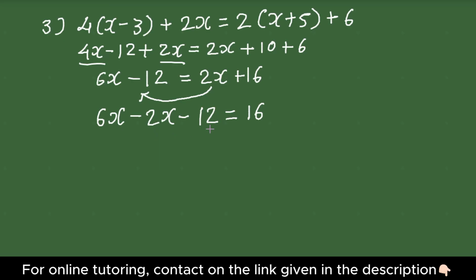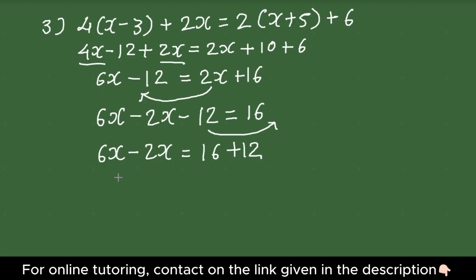Now let us shift this minus 12 on the right side. So minus 12 will become plus 12 on the right side. So we have 6x minus 2x is equal to 16 plus 12.